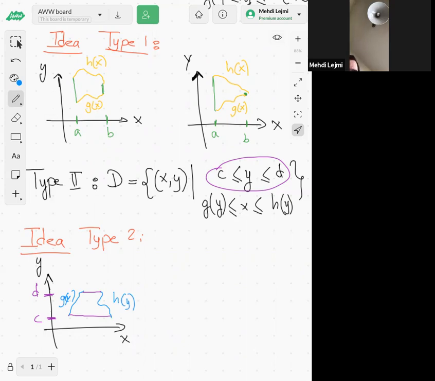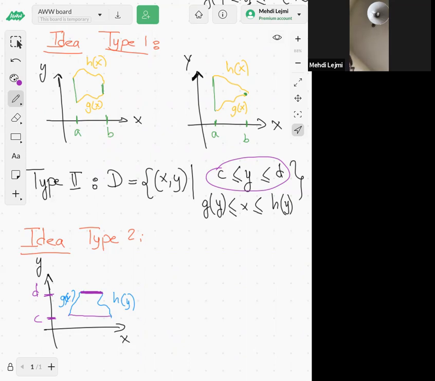So the difference, guys, here is that this is a segment, just a straight line, so it's just a constant. Remember, we said if you have a horizontal line, the equation of a horizontal line would be y equals a constant.